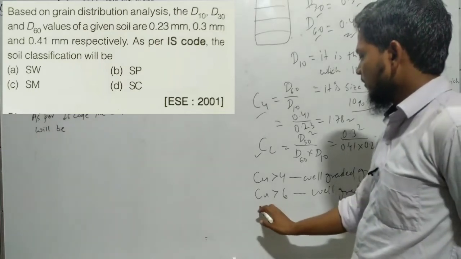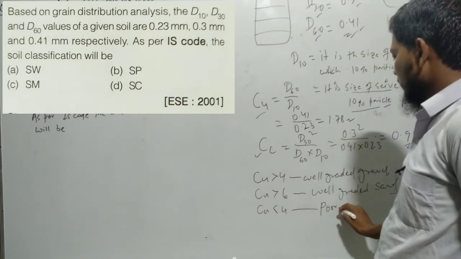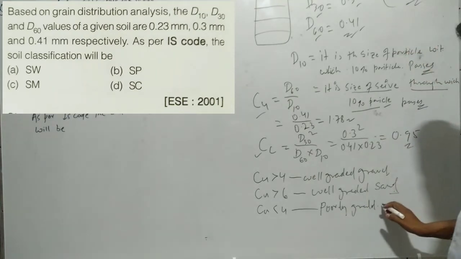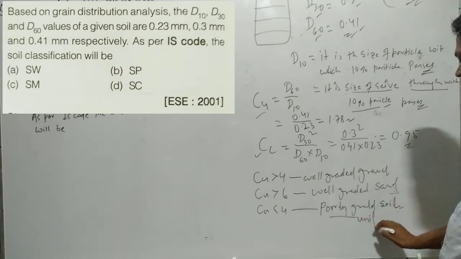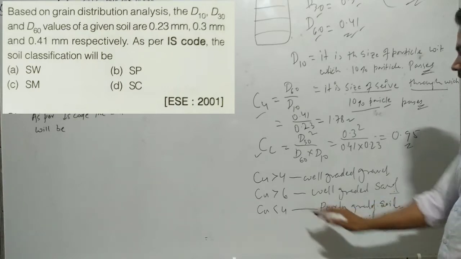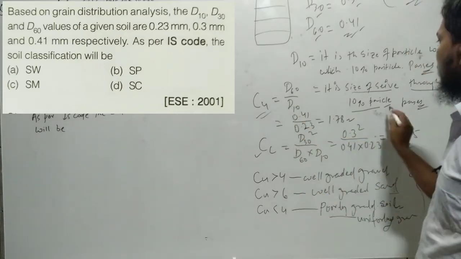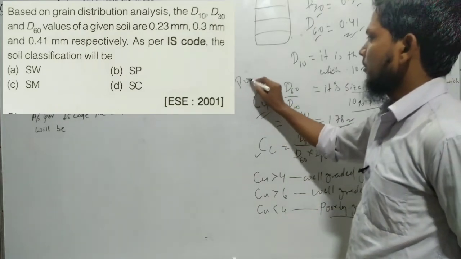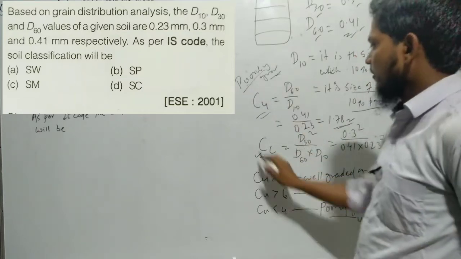If Cu is less than 4, it means poorly graded soil, or uniformly graded, meaning all the particles are of identical size. Clearly, Cu is 1.78, which is less than 4. It means it is poorly graded.